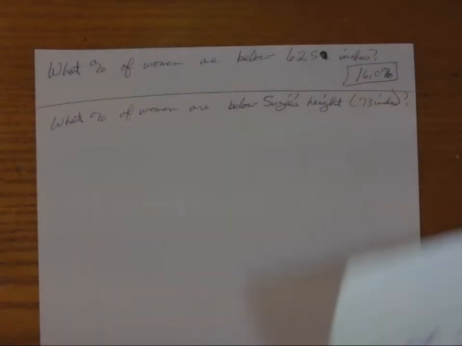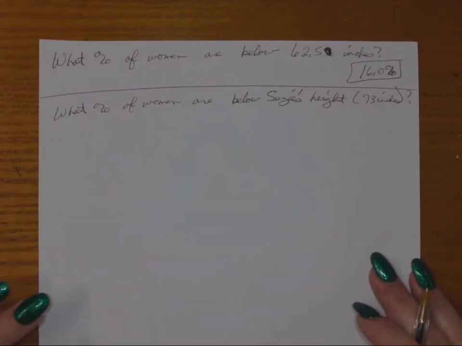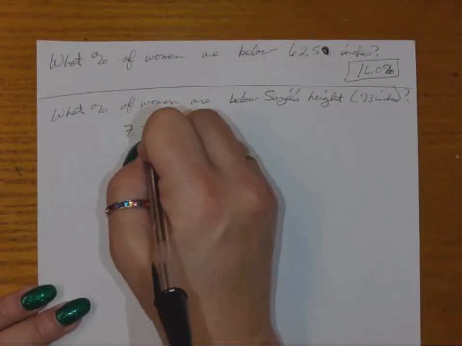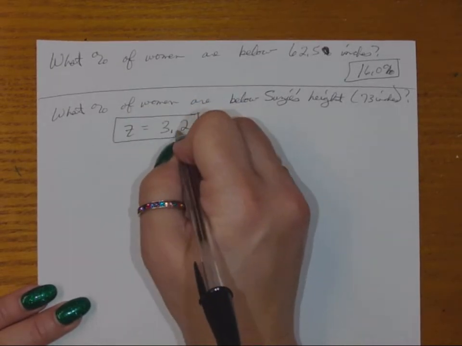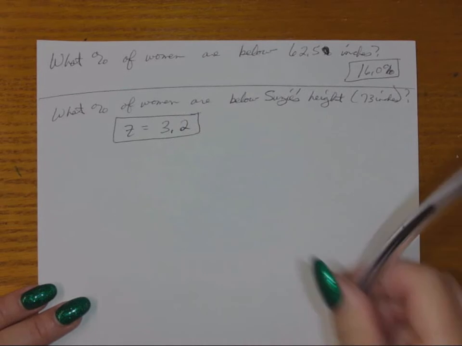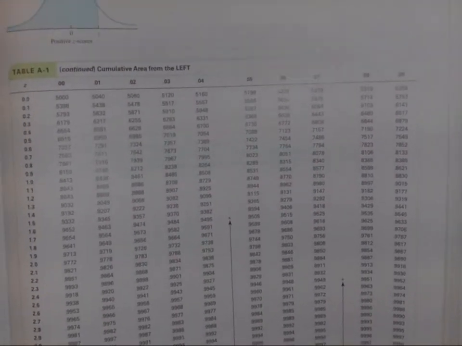Okay? That's when this lovely thing called a Z-score table comes in. Her Z-score was 3.2, and that is an uneven number as far as how many standard deviations. I will provide the table for you.